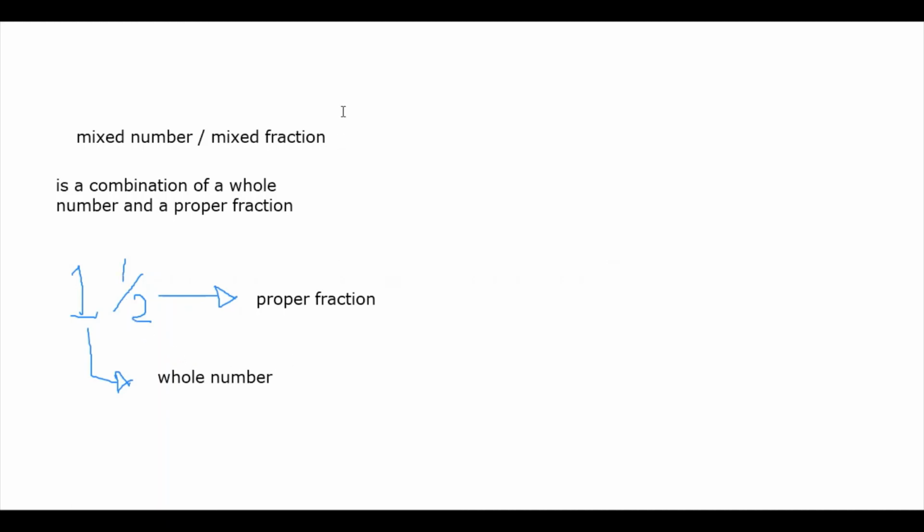Okay, easy, right? So I will give you some more examples of mixed numbers, to enable us to understand it well. We have 3 and 3 over 4. We have 4 and 2/3.